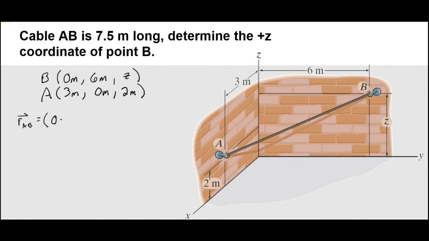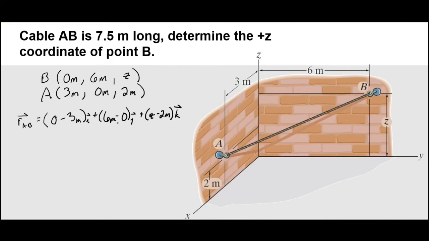So we have 0 minus 3 meters in the i direction, plus 6 meters minus 0 in the j direction, plus z minus 2 meters in the k direction. So this is the RAB vector with ijk components. Now you can see in this problem we have a z here, so we have one unknown.